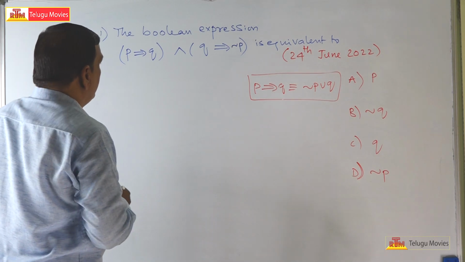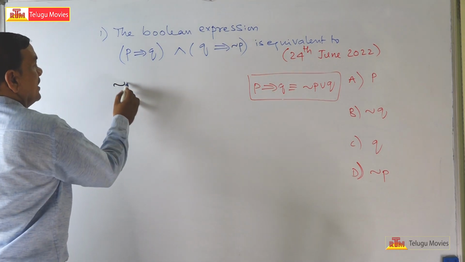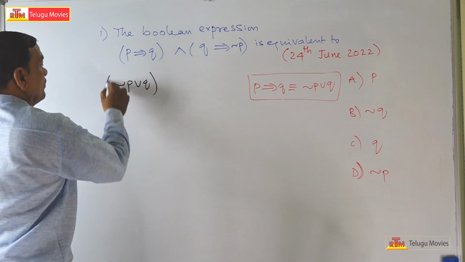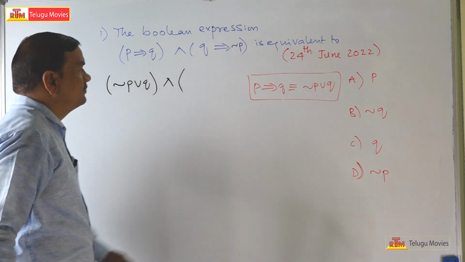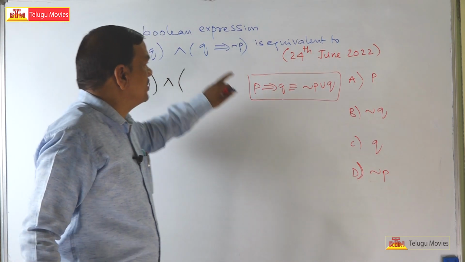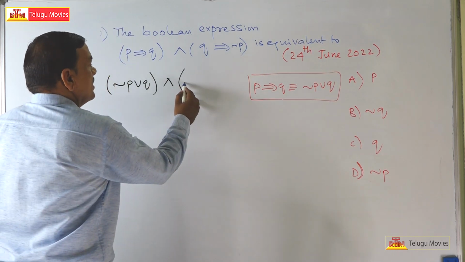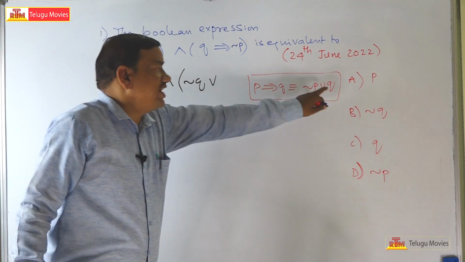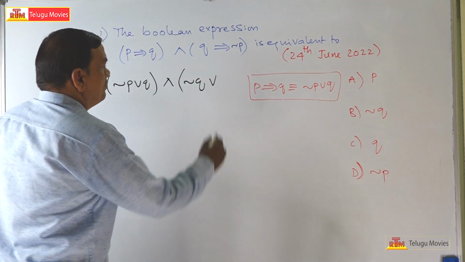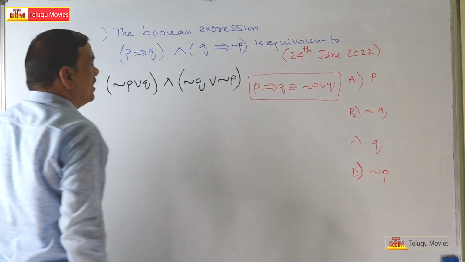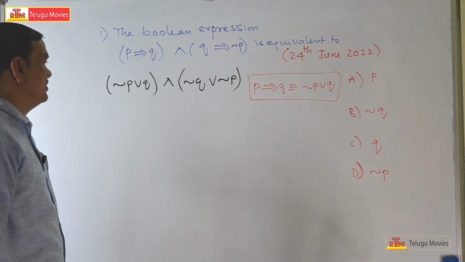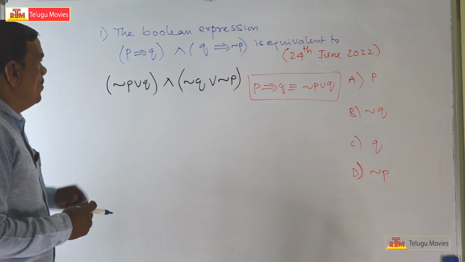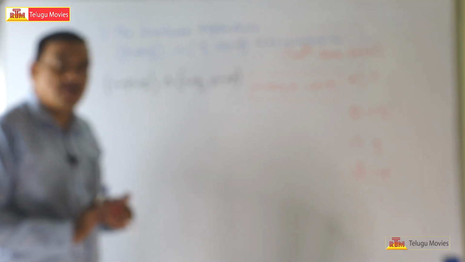P implies Q means negation P or Q. And here, the first statement, negation P, gets negated, so it is negation of negation, that is Q, or the second statement, negation P, as it is. So this implies is removed.